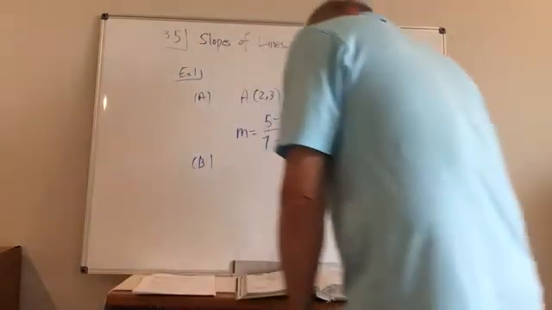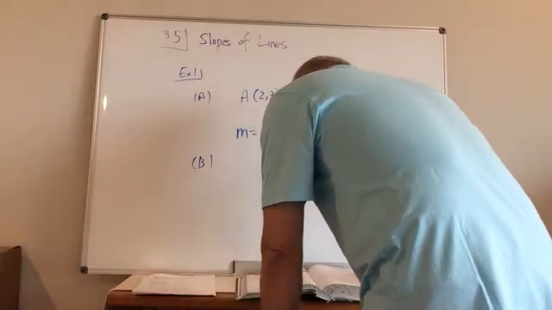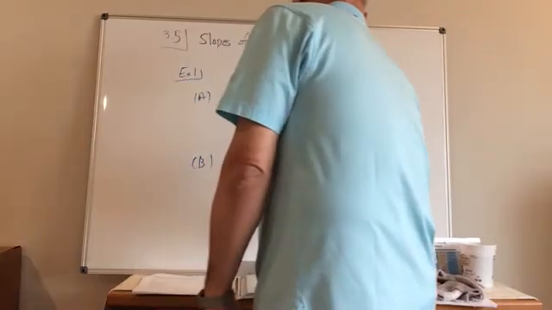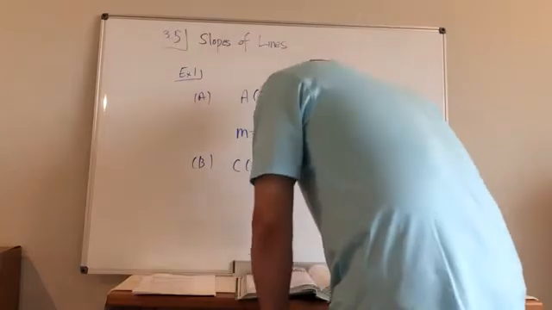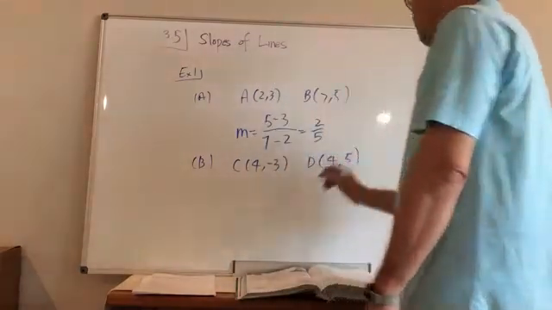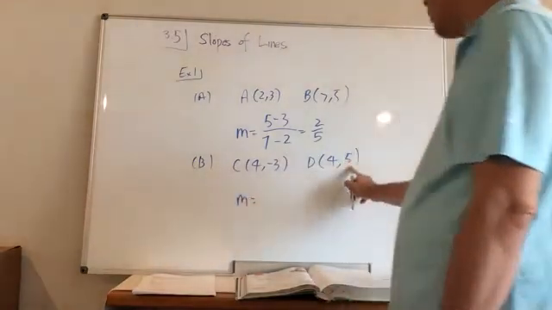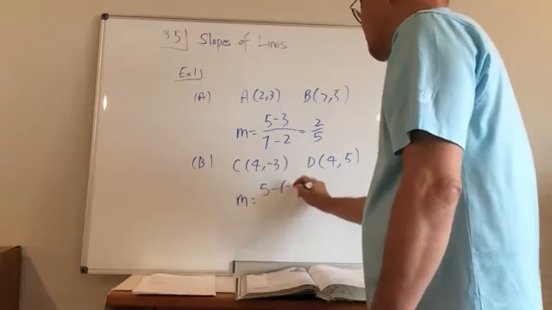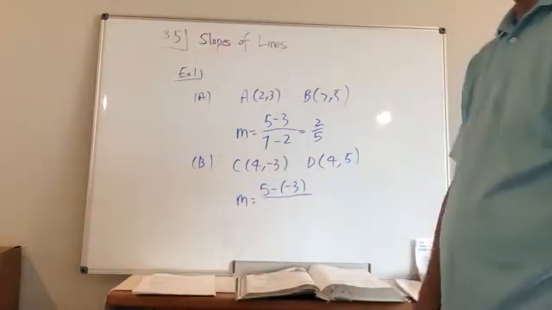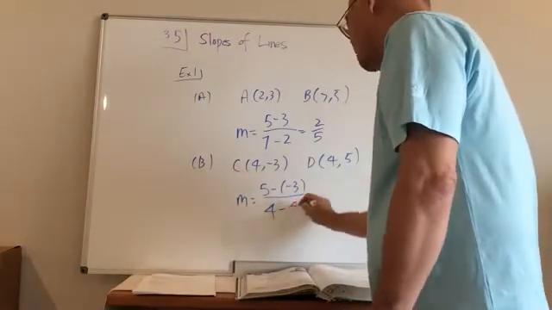B, you have D, C is what? C is 4 and -3. And then you have D, which is 4 and 5. Okay, same thing. The slope is going to be y2 minus y1, 5 minus 3, and you have x2 minus x1.